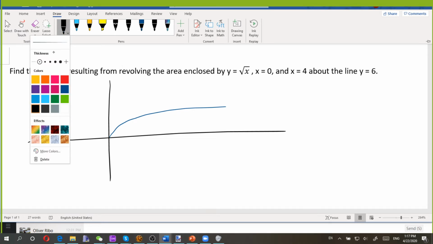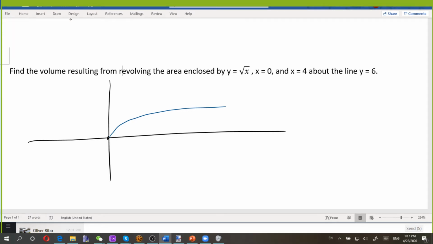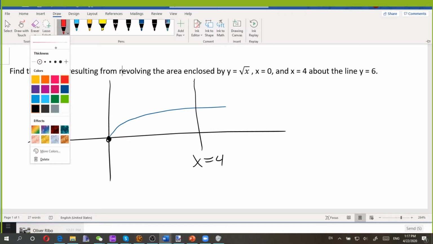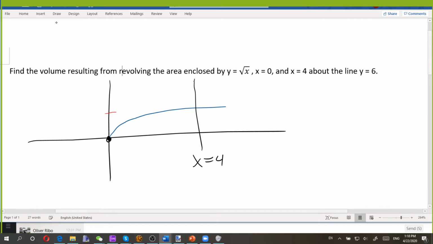And we are bounded by x equals 0 and x equals 4. And the line y equals 6, which is our axis of rotation, which would be somewhere way up here. Since if I plug in x equals 4 into our y value, my y value is only 2 at that point. So y equals 6 should be well above that.